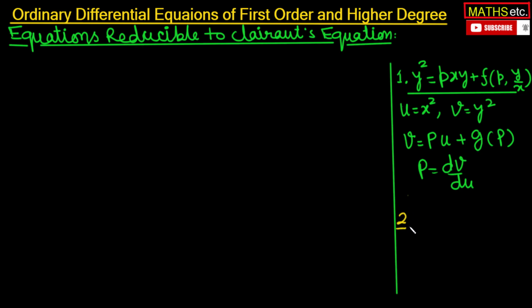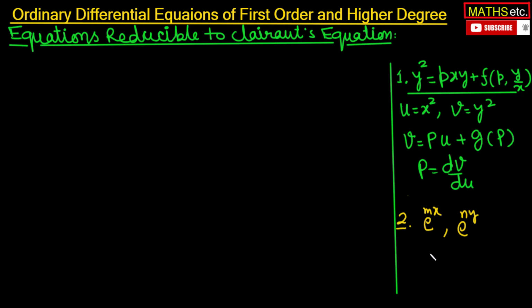Another form is: suppose there is a first order and higher degree ordinary differential equation which involves functions like e raised to the power mx and e raised to the power ny.